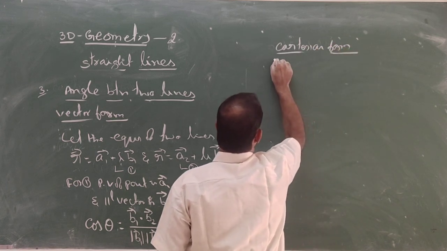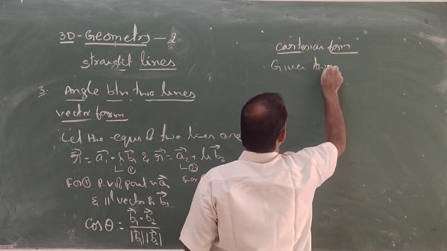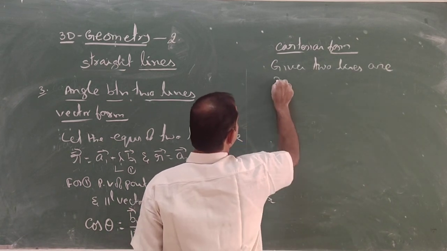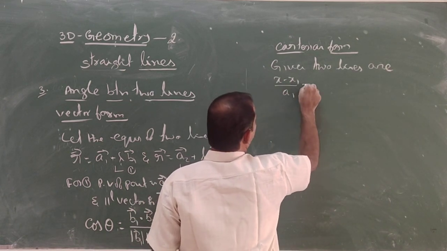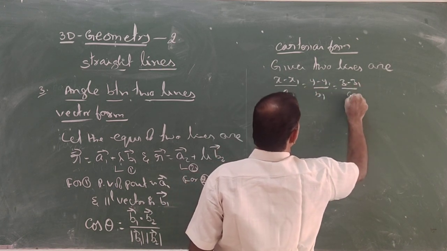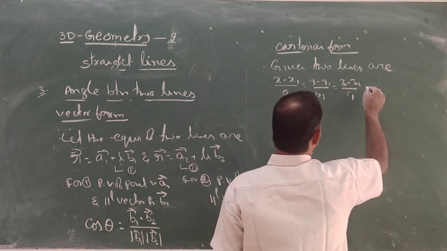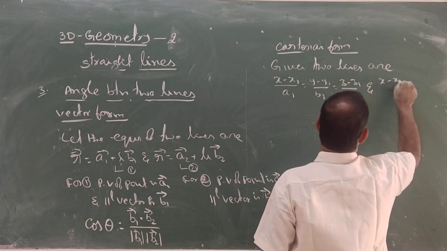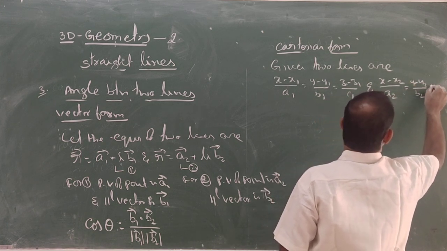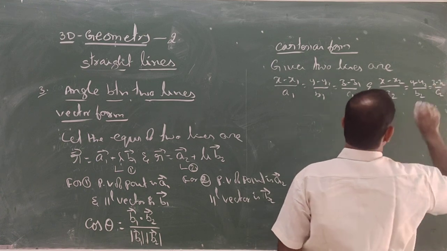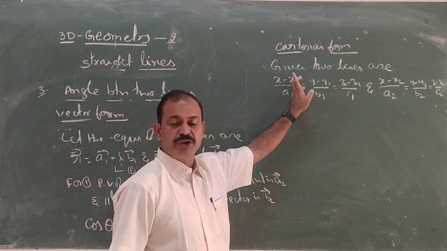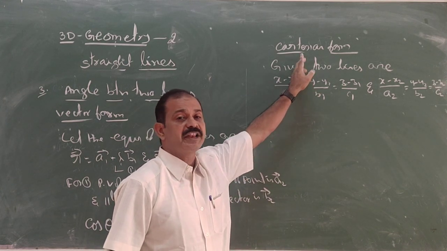In Cartesian form, the given two lines are x minus x1 by a1 is equal to y minus y1 by b1 is equal to z minus z1 by c1, and x minus x2 by a2 is equal to y minus y2 by b2 is equal to z minus z2 by c2. Then we don't want the coordinates of the point.